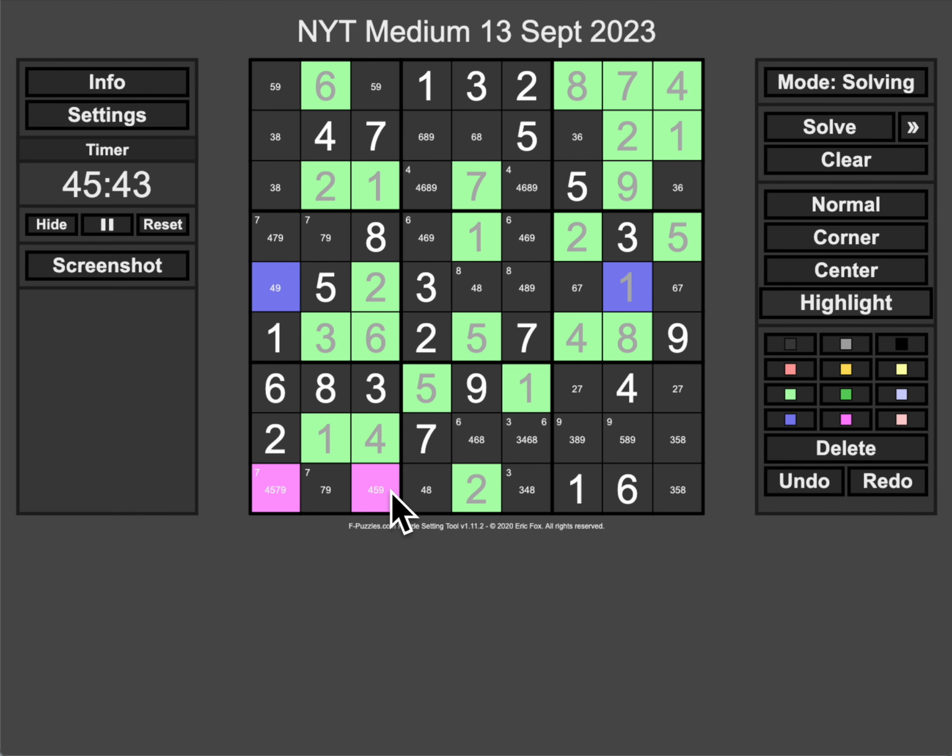Okay, this is my derived 5-wing X-wing, wasn't it? Oh, 4? That's not 4. No, 4, that can't be 4 either.